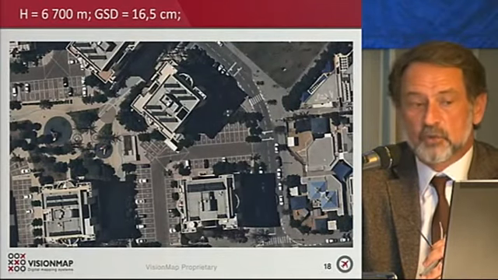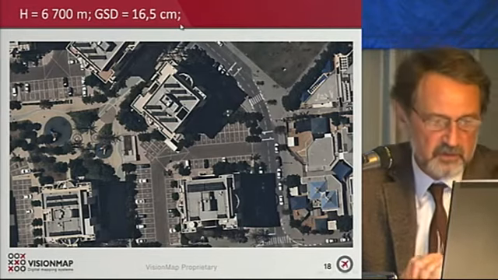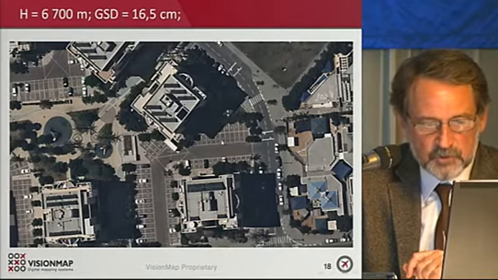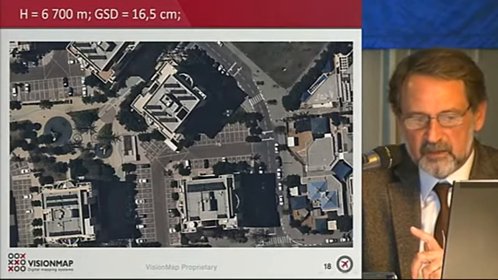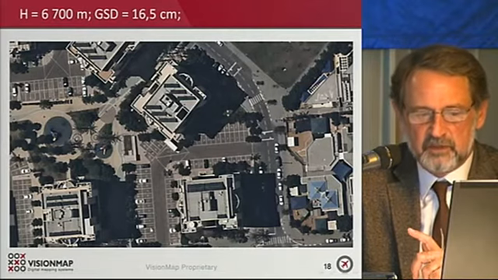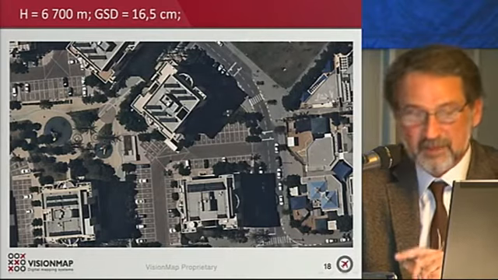This image was taken from the altitude of 6,700 meters with a GSD of 16.5 centimeters, but still there is a lot of stuff we can see. We can see the numbers of parking slots.